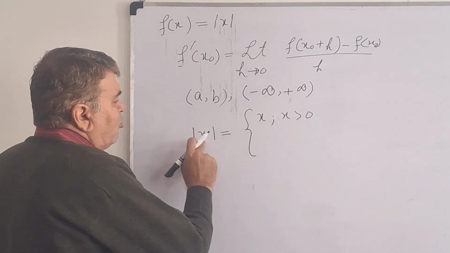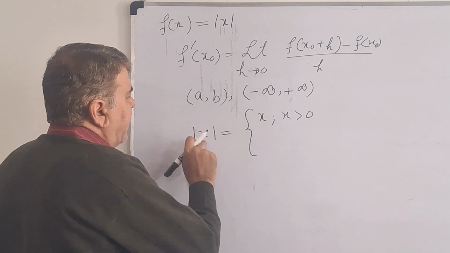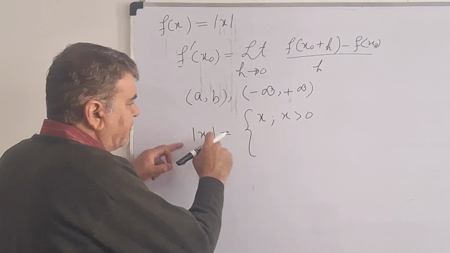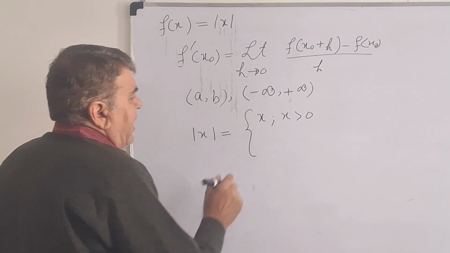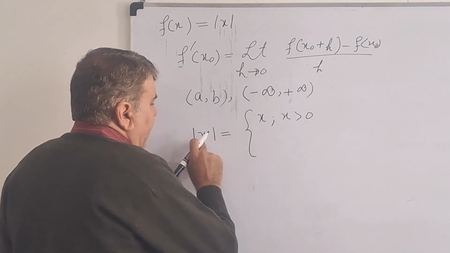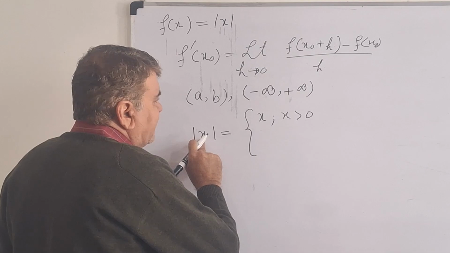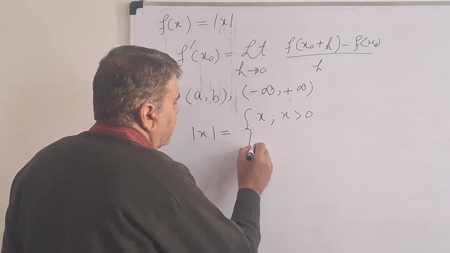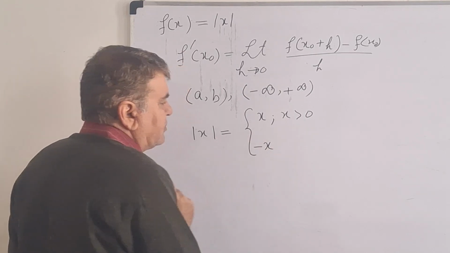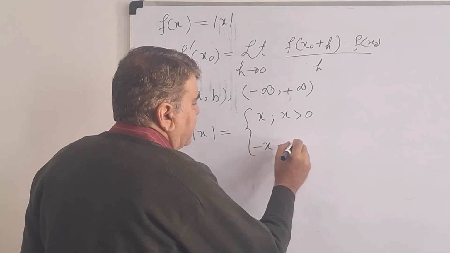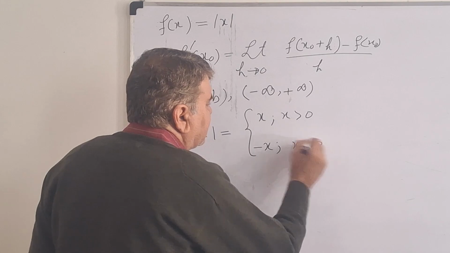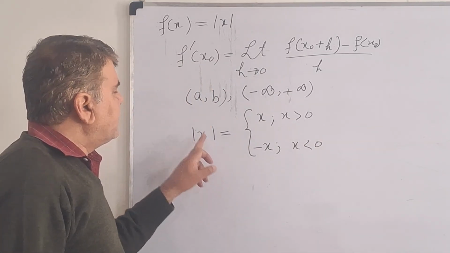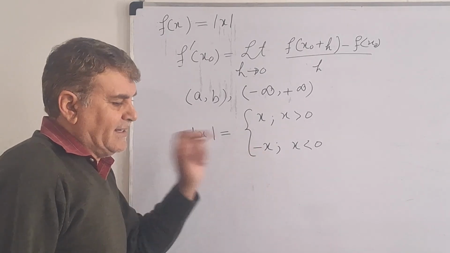Means when the values of x are positive, then the absolute of x is just equal to x; we drop the absolute from the x. And if the value of x is less than 0, means the values of x are negative, then the absolute of x is equal to minus x.